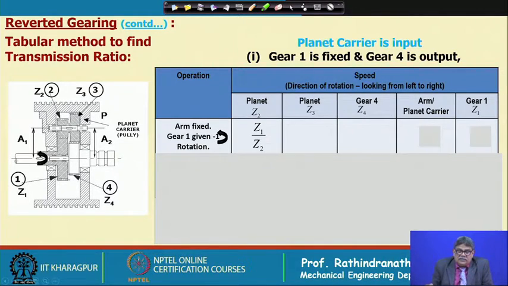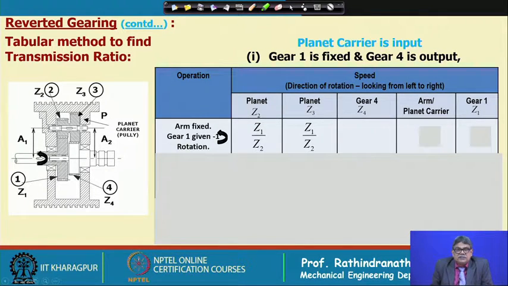This is -1 rotation. So, if the shaft, that is the pinion, rotates 1 revolution, in that case planet Z2 will rotate by Z1 by Z2. If Z1 is more than Z2, usually it is like that, then it will have more than 1 revolution and the direction will be opposite. So, we will consider plus sign for that, and the integral Z3 will be equal.